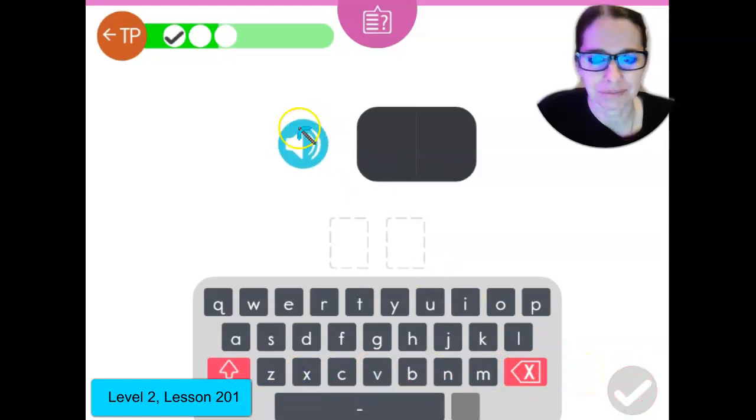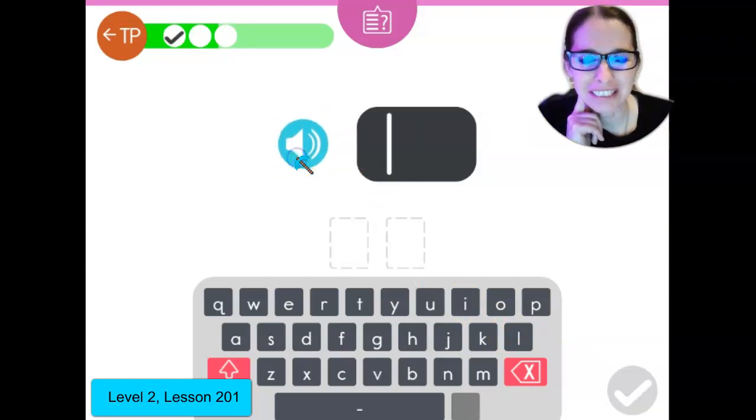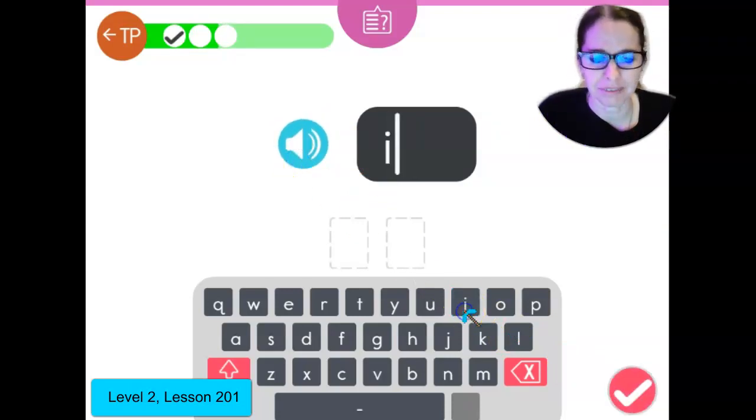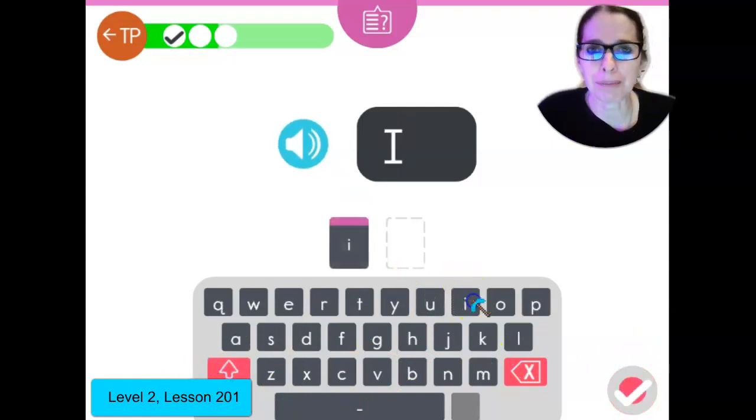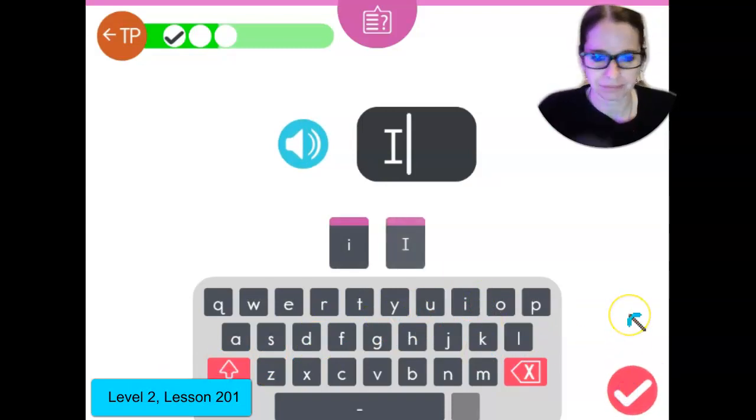Notice I'm typing the two spellings for the I sound.